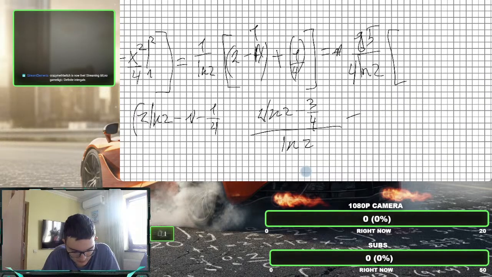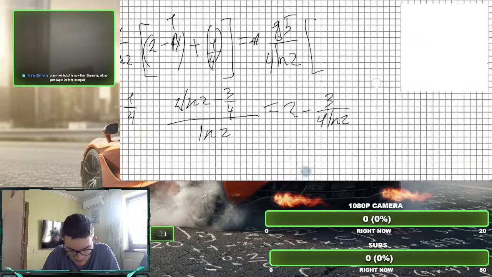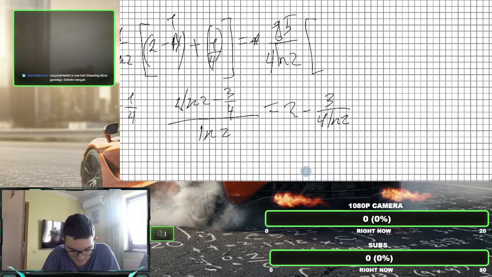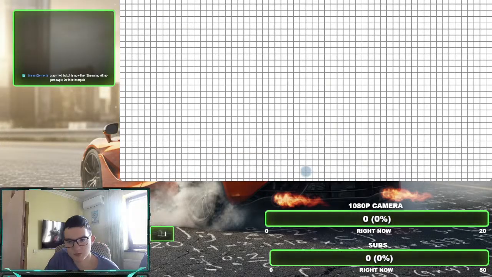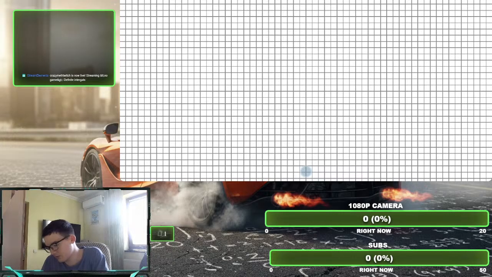Actually, it doesn't cancel out, it just gets 2 minus 3 divided by 4 ln 2. Where did the 4 go? Oh, so below. Yeah, that sounds pretty complicated. Anyways, it's done. I'm gonna try another easier example this time.